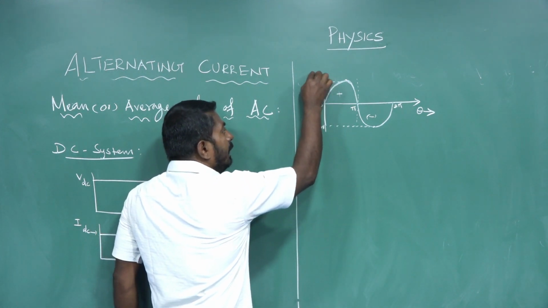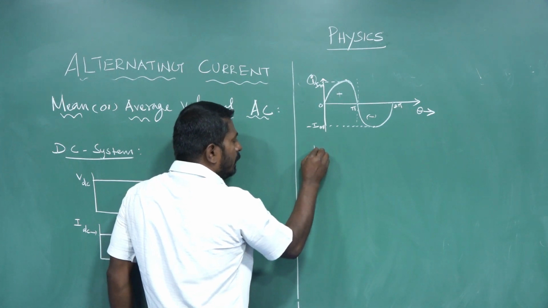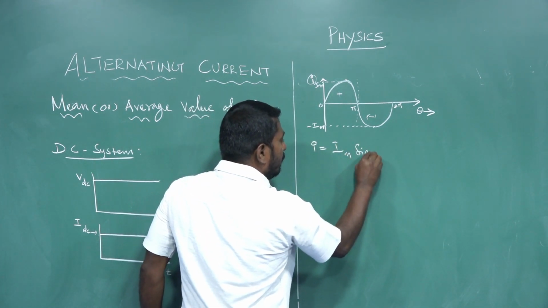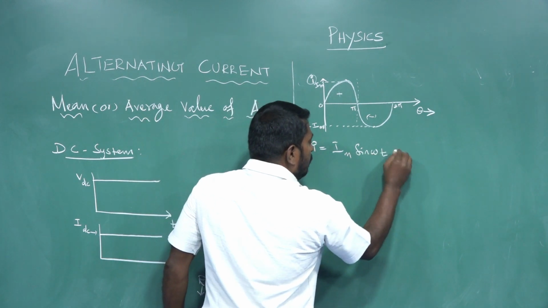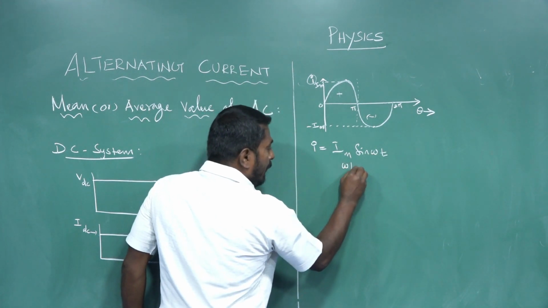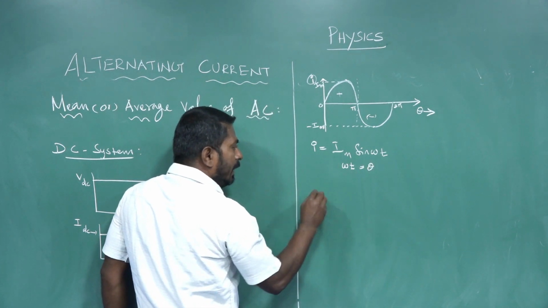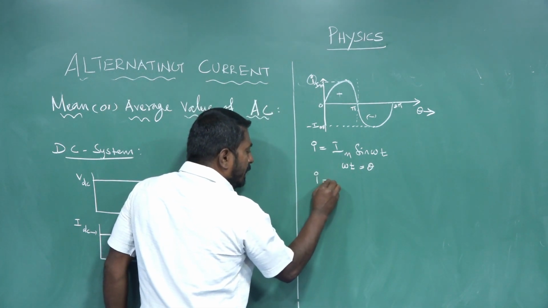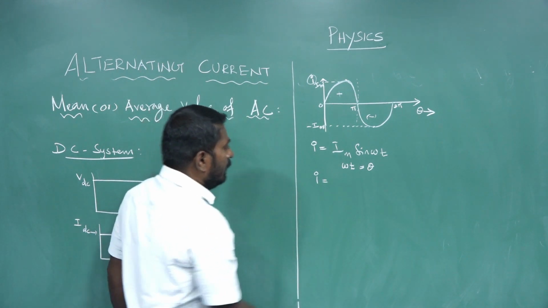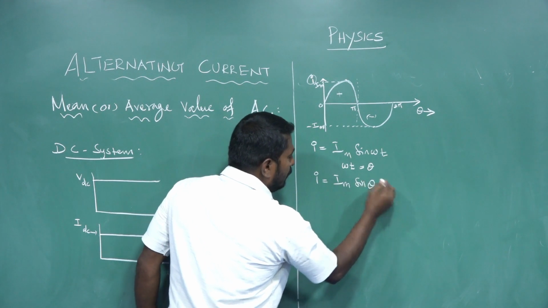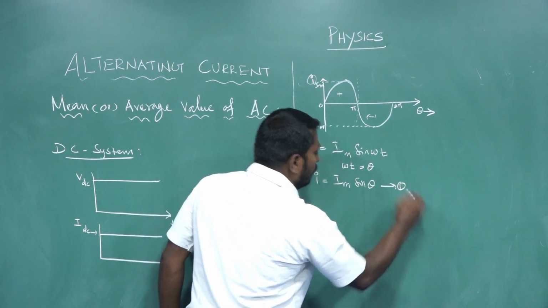The instantaneous value of alternating current is given by the expression i equals Im sin omega t. Here omega t is equal to theta. This equation can be rewritten in another way: the instantaneous value of alternating current i equals Im sin theta. This is equation number 1.